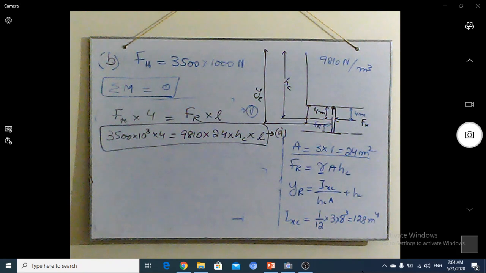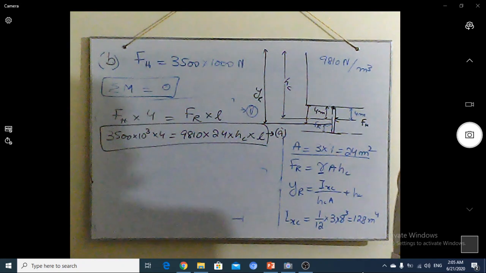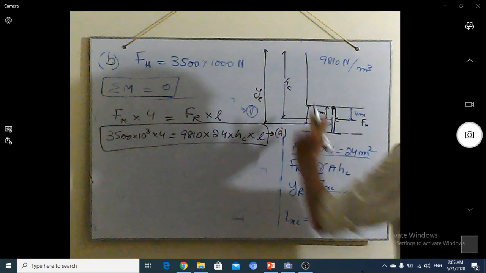Now L1 is equal to, I need to calculate this part.